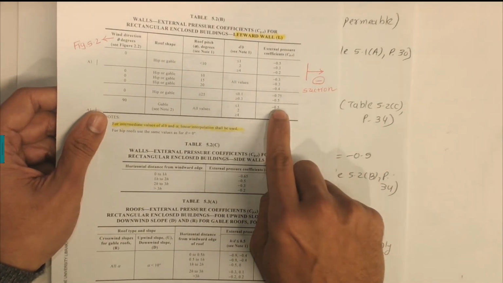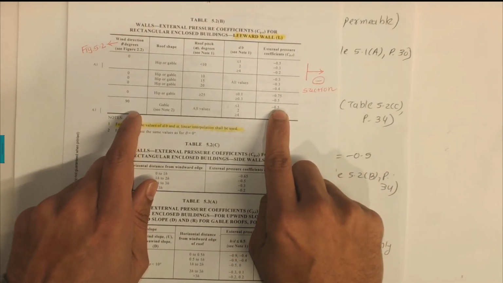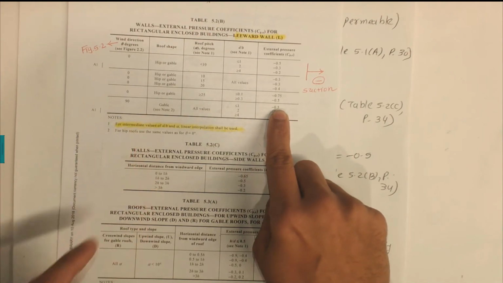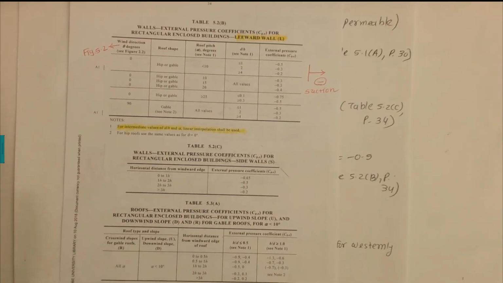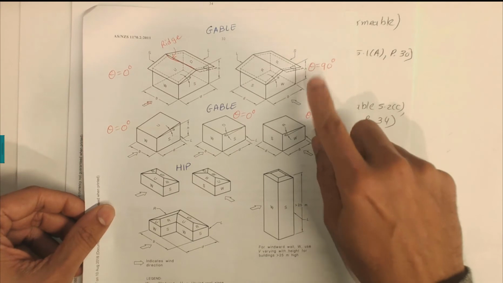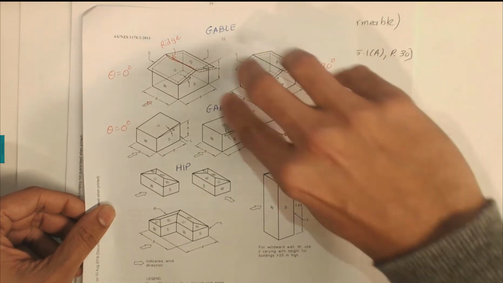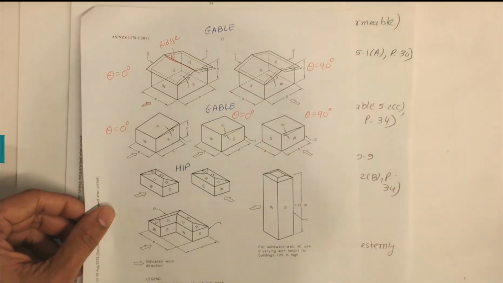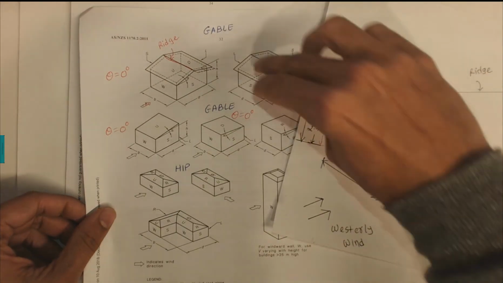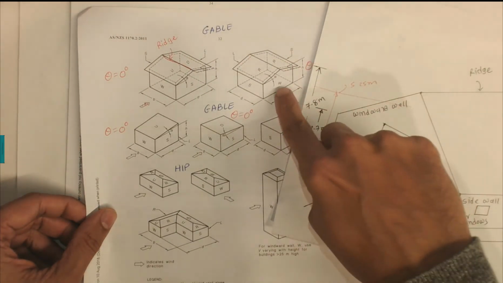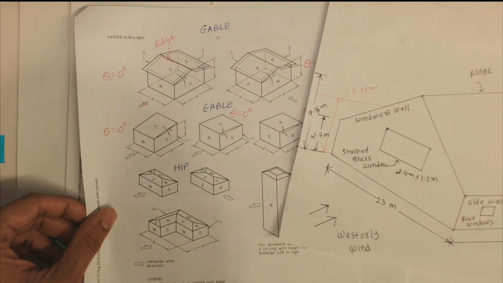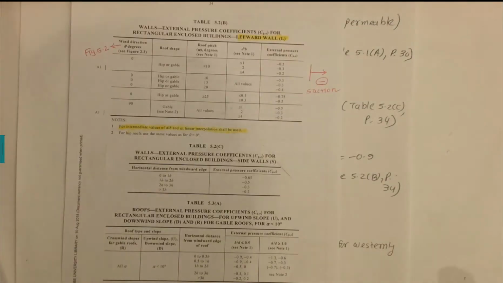We take it from here, because we have wind direction theta equal to 90 in figure 2.5. So we have this scenario where theta equals 90. The wind is coming, so you can imagine rotating this one. If I rotate this one, that's the wind, and that's the structure that we are comparing.